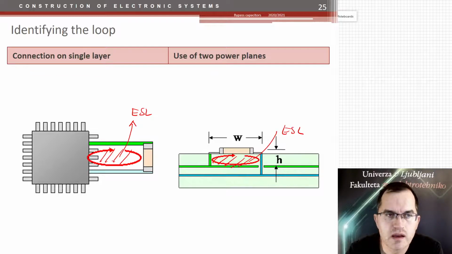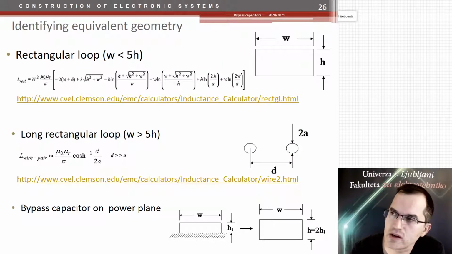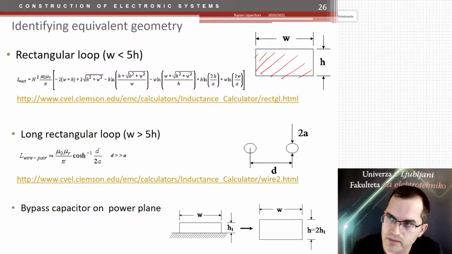So first we have to identify the size of the loop. And there are some empirical equations and web calculators for that. So this is the square loop size, and here you can calculate the inductance of such a loop.